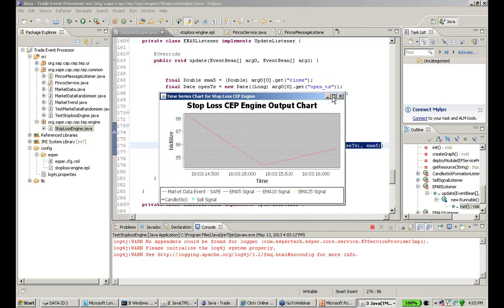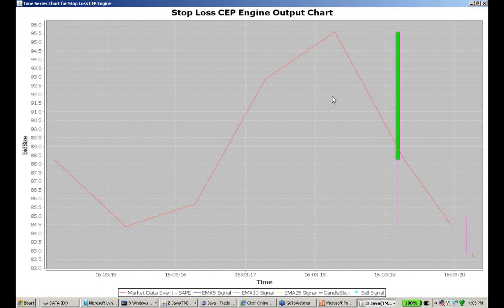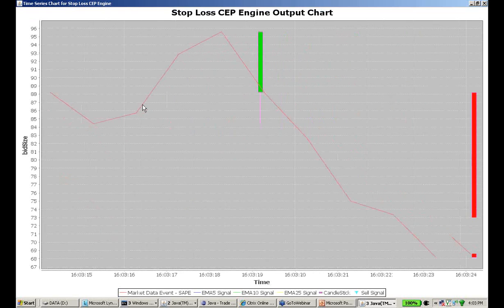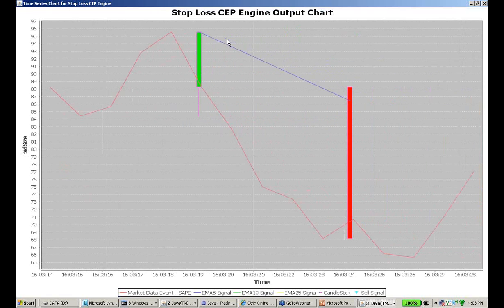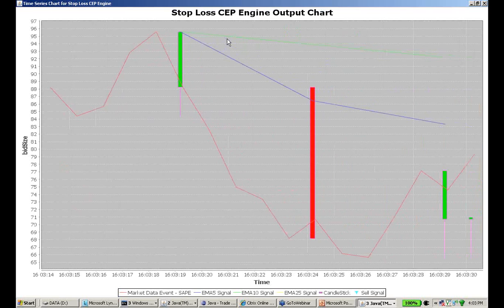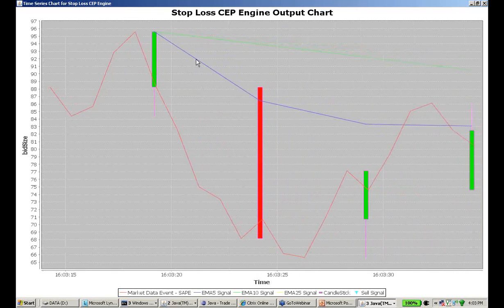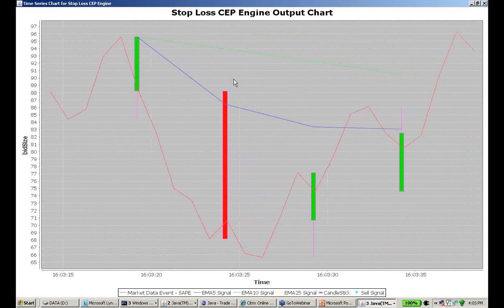Okay, so here we see that data is streaming in real time. After first 5 seconds, we see that one candlestick is generated. As soon as the first candlestick is generated, we have 5-day data available, and therefore our EMA 5 signal started generating, which needed previous 5-day data.